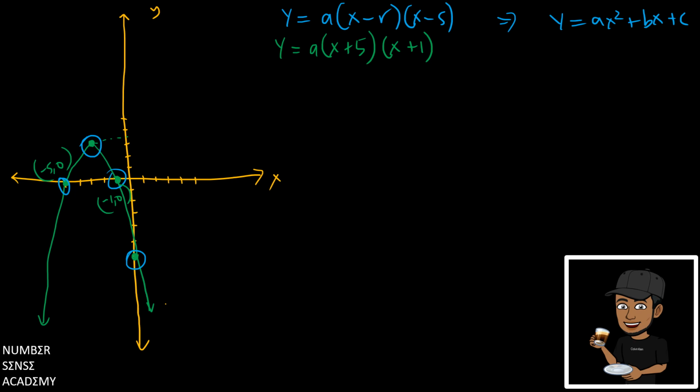So the other thing that we need to check is to make sure that the vertex is actually what it is. So if I was to check for the vertex, by doing x is equal to r plus s divided by 2, I end up with negative 5 plus negative 1, so negative 6 divided by 2 is negative 3.